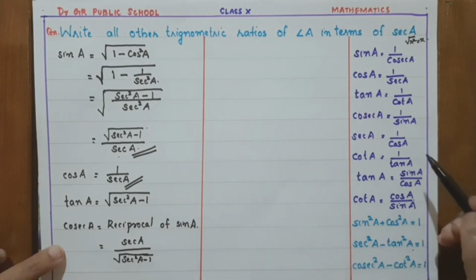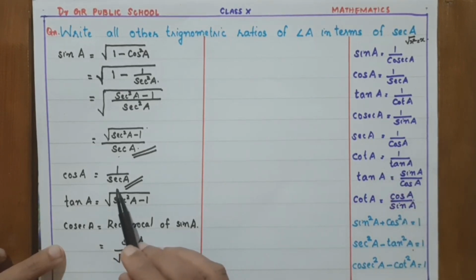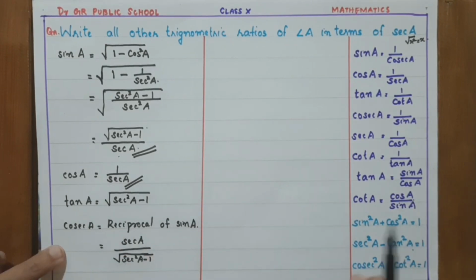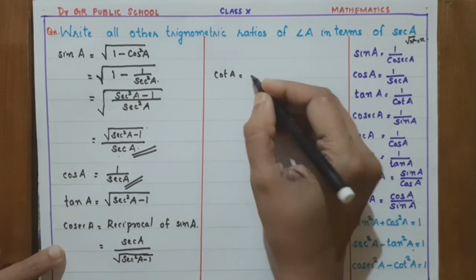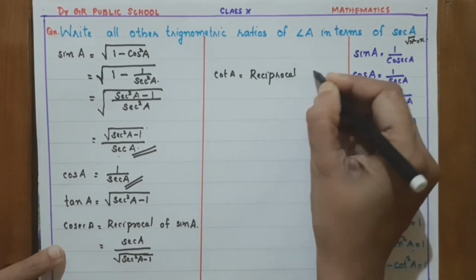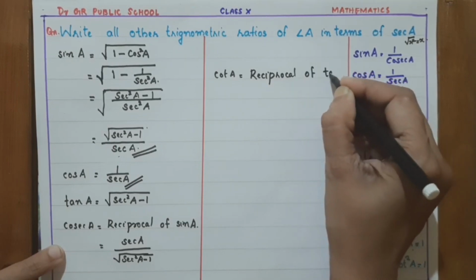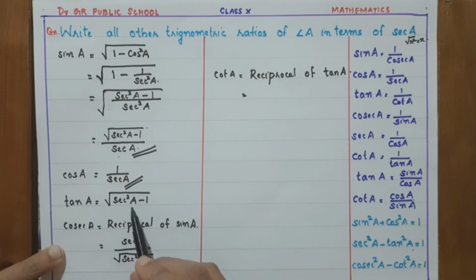Now next one is cot a. Cot a is the reciprocal of tan a. So what is tan a in terms of sec a?